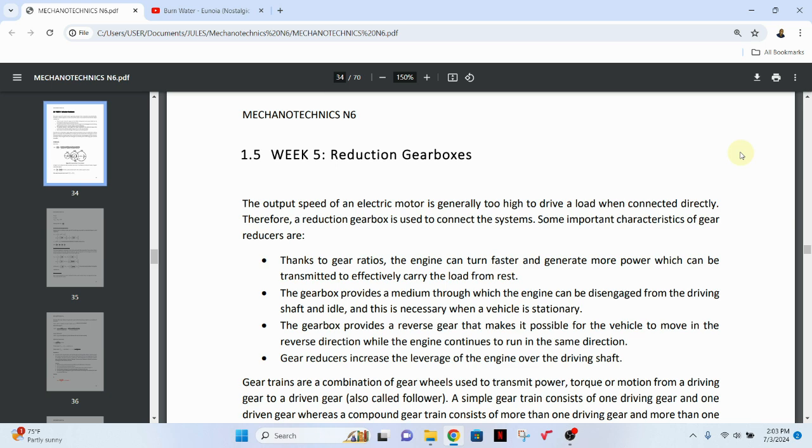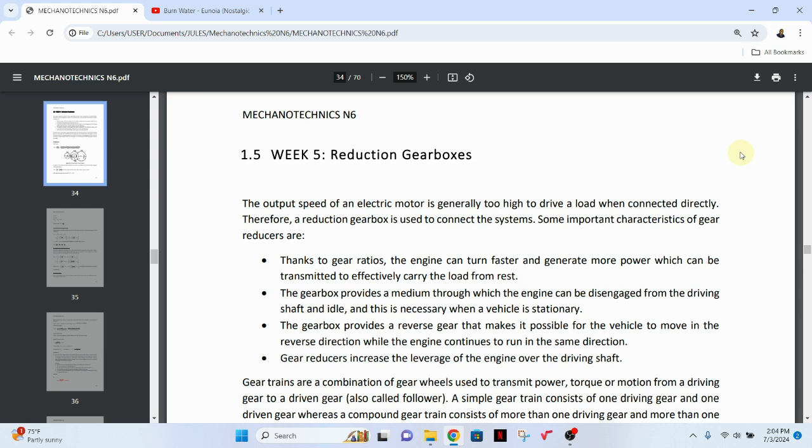Of course, the car has got the same weight, but then if you have to drive uphill, for instance, the weight that the engine will need to drag will be bigger than if you were driving on a flat surface. The reason for that is because when you're driving uphill, there is a component of gravity that begins to act against you. Okay, and so now the engine has to drag more weight.